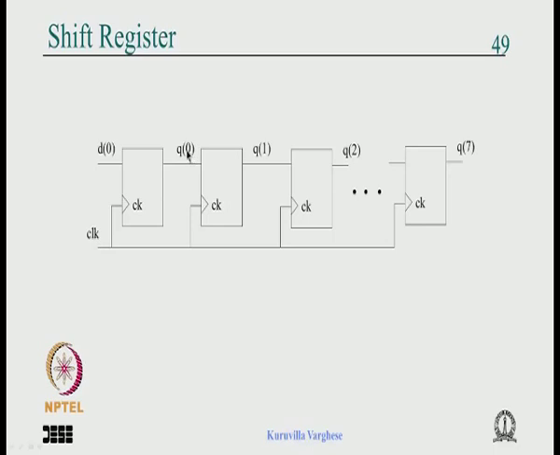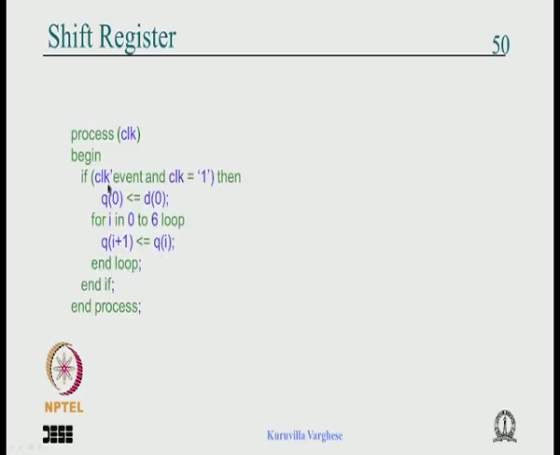Upon the clock, Q0 gets D0, and for I in 0 to 6 loop, Q(i+1) gets Q(i). That means for the 0th index you get Q1 gets Q0, and for the 6th index you get Q7 gets Q6.